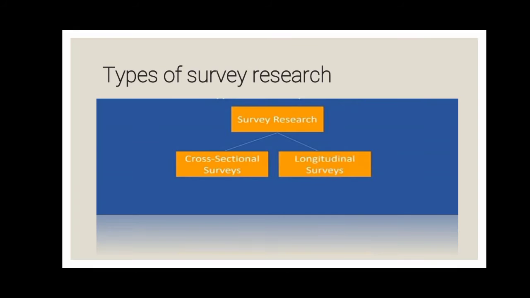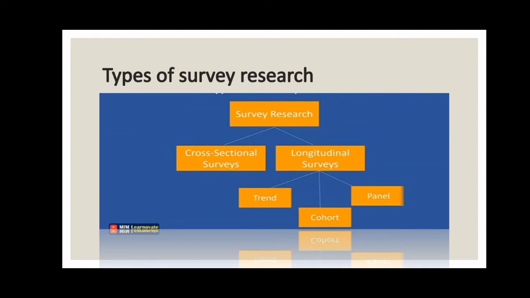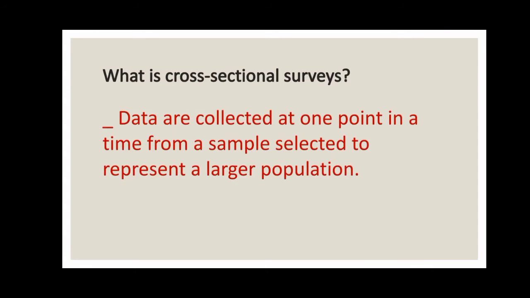Types of survey research. What are the types of survey research? Basic survey research is divided into two types, the cross-sectional surveys and the longitudinal surveys. Let's define it individually. What are cross-sectional surveys?